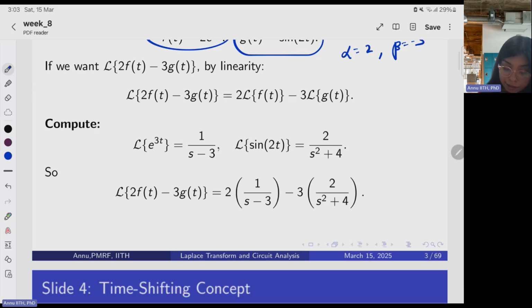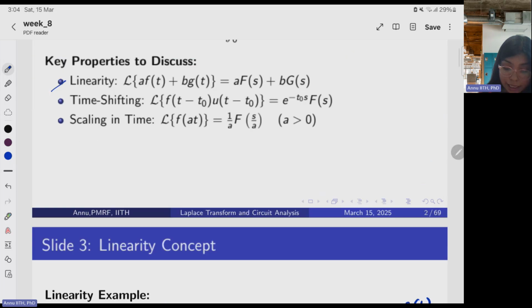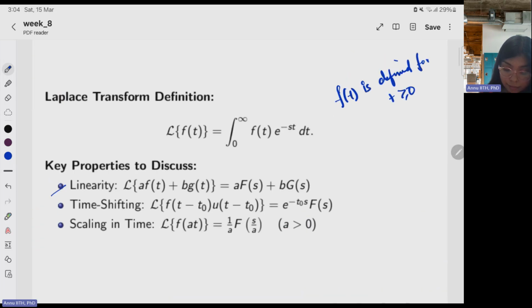It is 2 times the Laplace transform of f(t) minus 3 times the Laplace transform of g(t), where L of e^(3t) is equal to 1 upon s minus 3. By default, it is multiplied by u(t). Don't get confused with that, because if u(t) was not involved, we would be changing the definition itself here. So by default, u(t) is multiplied with f(t).